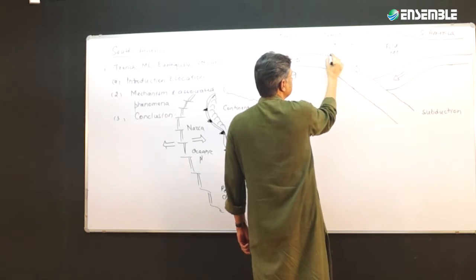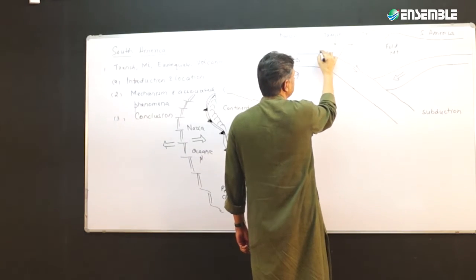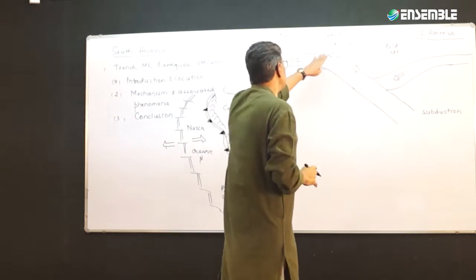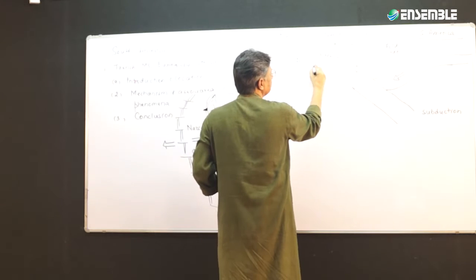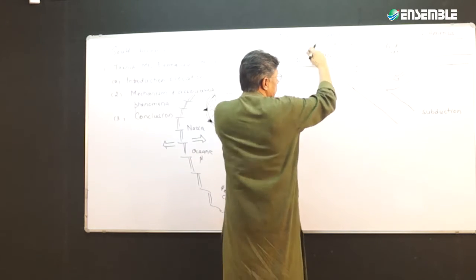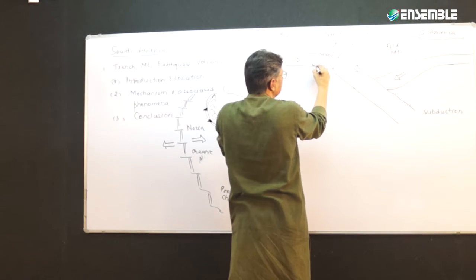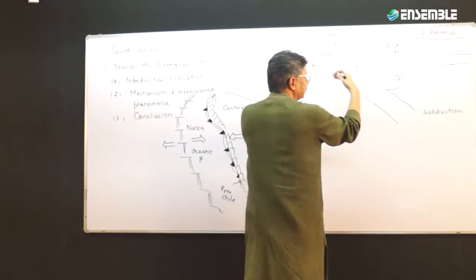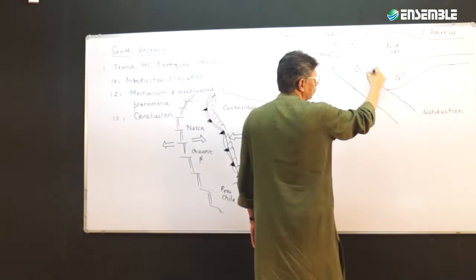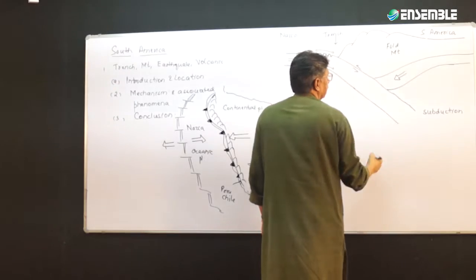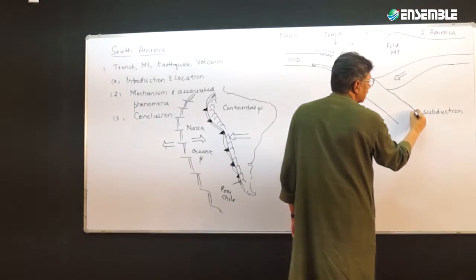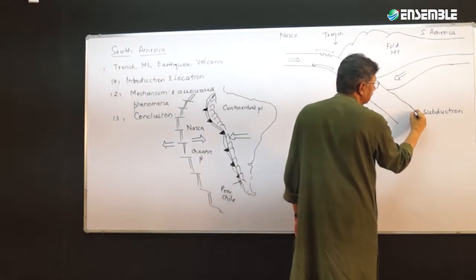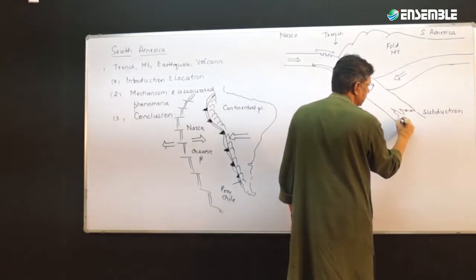This is where extension takes place. Even if there are some cracks, these are the areas where some cracks develop because of extension. These are the areas where some cracks develop because of compression. And these are the areas where some friction takes place because the plates move against each other. And this is the place where some of these plates are going to get detached, that is, they're going to break themselves.